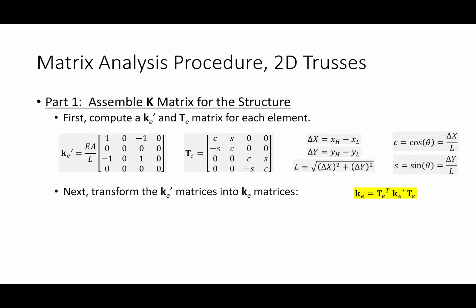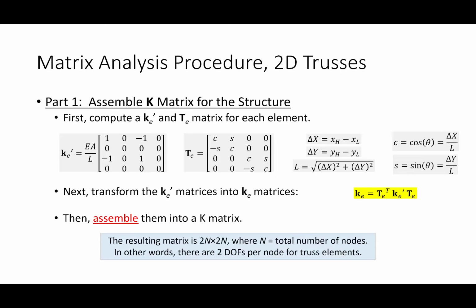Once you get your K-prime matrix and your T matrix, you need to rotate by multiplying three matrices: T transpose, K prime, and T, in that order. That's what I'm going to go through today, and I'll do it in Excel to show you how it works. It's not hard, but you have to do a little work on the formula in Excel to get it to work right.